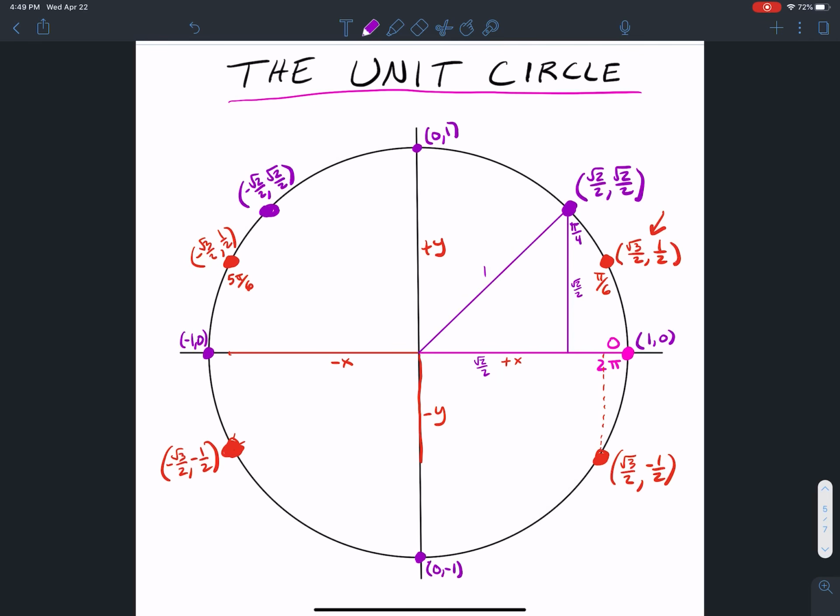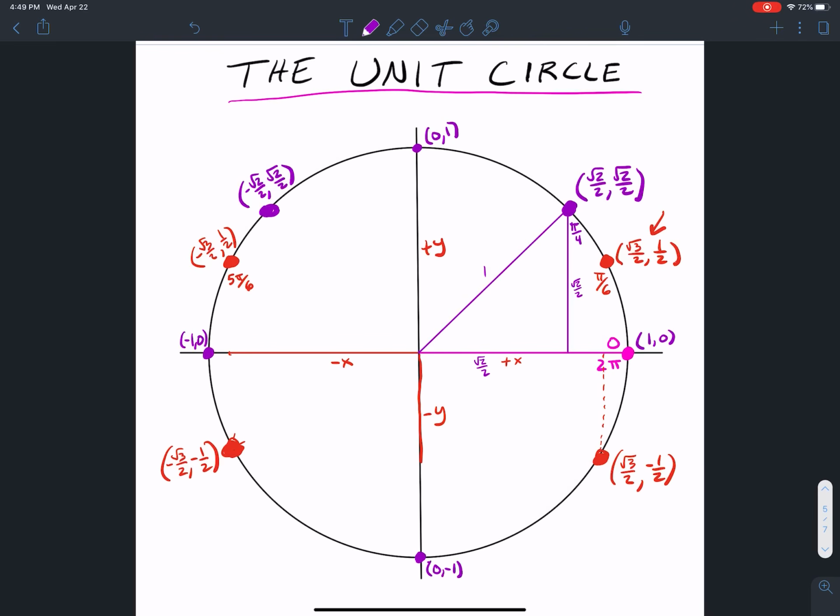Now, what is the value here? Well, what's happening? How are we rotating this, right? We're rotating by an amount of pi over 2, okay? So I have pi over 4 and pi over 2. If I add those together, what am I going to get?